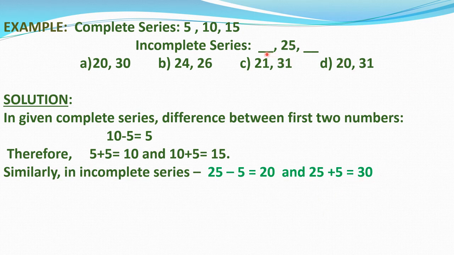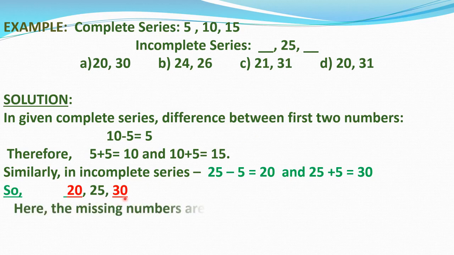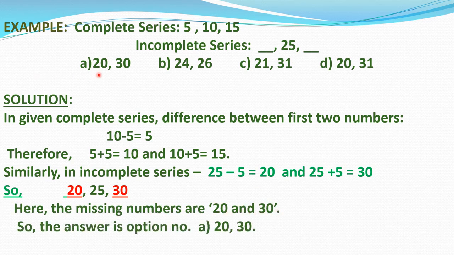So our numbers are 20 and 30. The difference of this series is 5. Understood? So 20, 25 and 30. Here the missing numbers are 20 and 30 and it is in option A. So option A is correct. Understood?